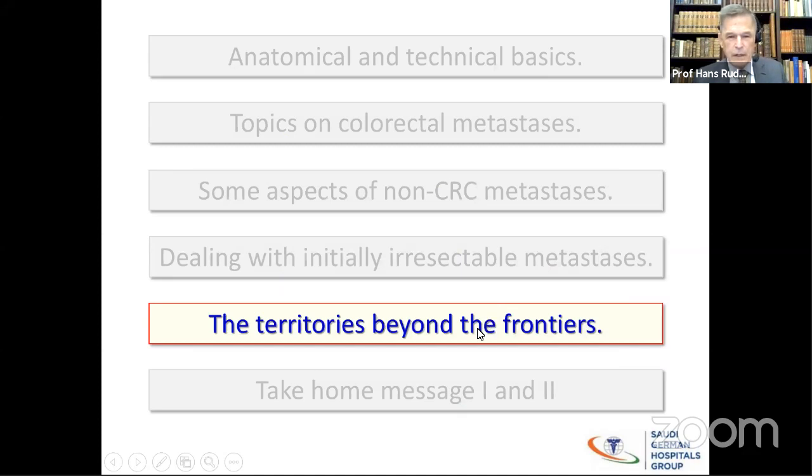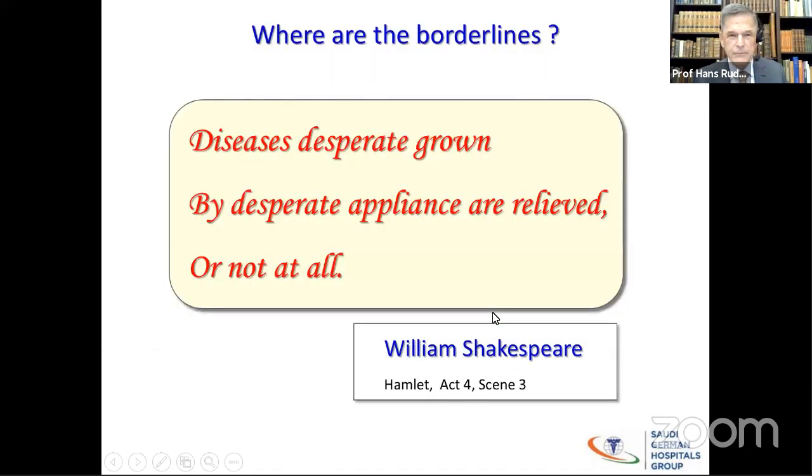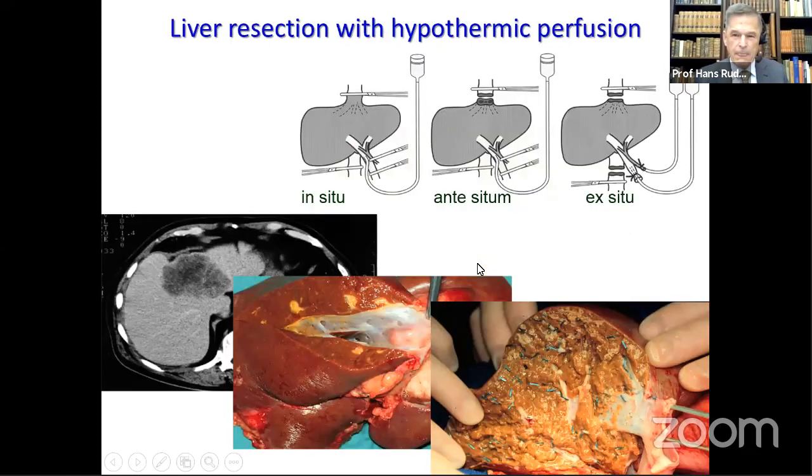Now, what is beyond the frontiers? I would quote Shakespeare here: diseases desperate grown by desperate appliance are relieved or not at all. Therefore, Rudolf Bichelmeier, my teacher in Hanover, thought about what else we can do to extend resectability.